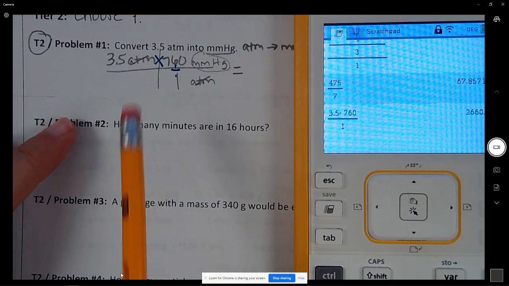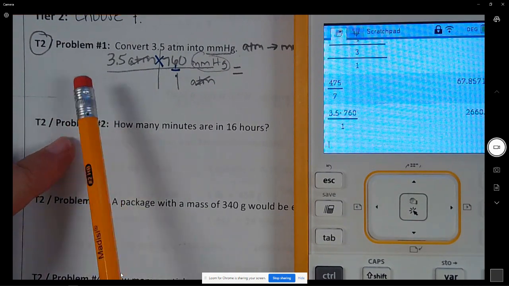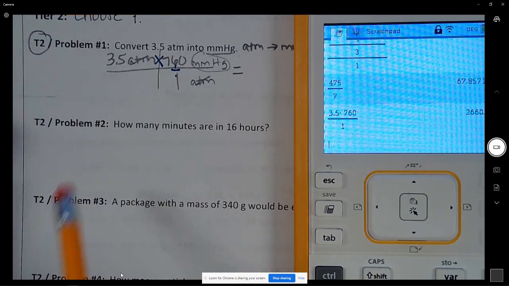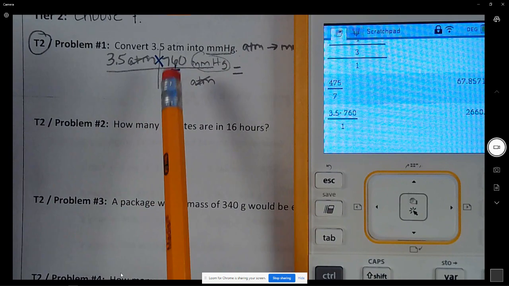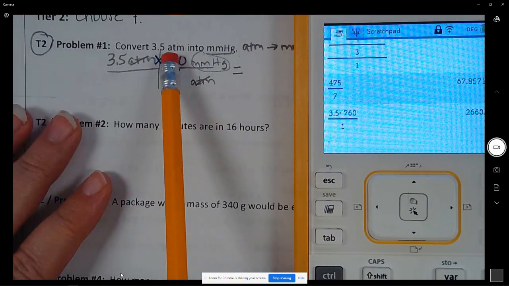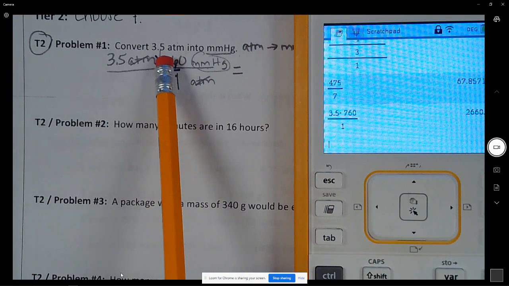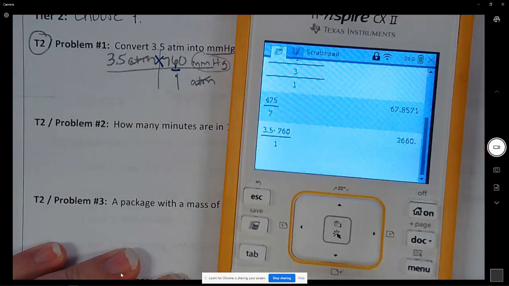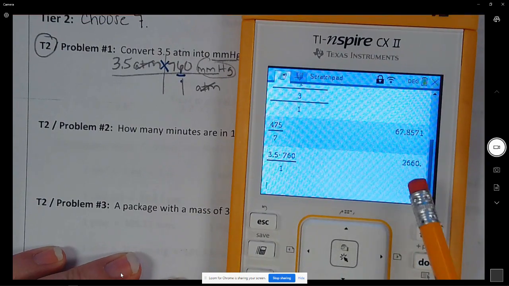Now for sig figs, remember we are multiplying and dividing, so the number we have has 2 sig figs in our original problem. So I can only have 2 sig figs in my answer.